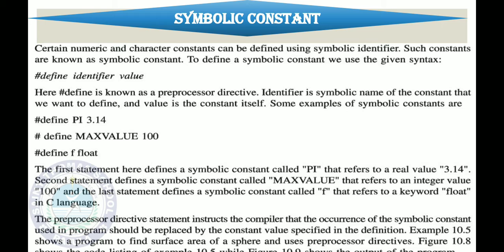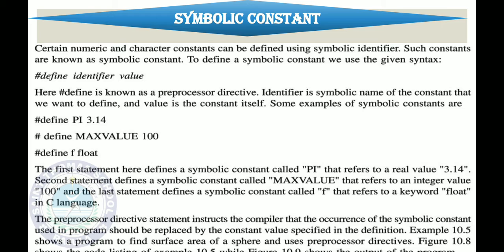In the flow chart we discussed one example: write a program to calculate the area of a circle. To find the area of a circle, the formula had pi in it, 2 pi r. So pi has a constant value, 3.14, and we cannot change that value according to our wish. So this type of value can be defined as a symbolic constant.